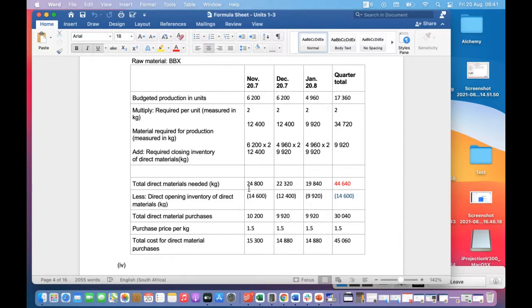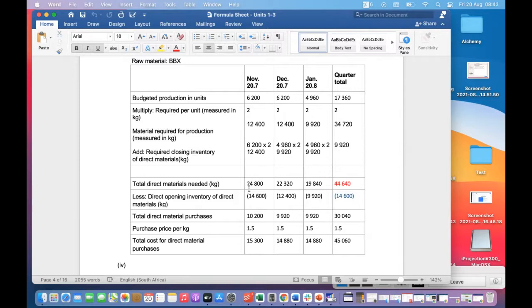To get the total needed, we are saying this amount of 34,000 that is required, less that which is, wait, give me a second now. Materials required, we're saying 2 times that 17,000, that's how we're getting that. Happiness there?